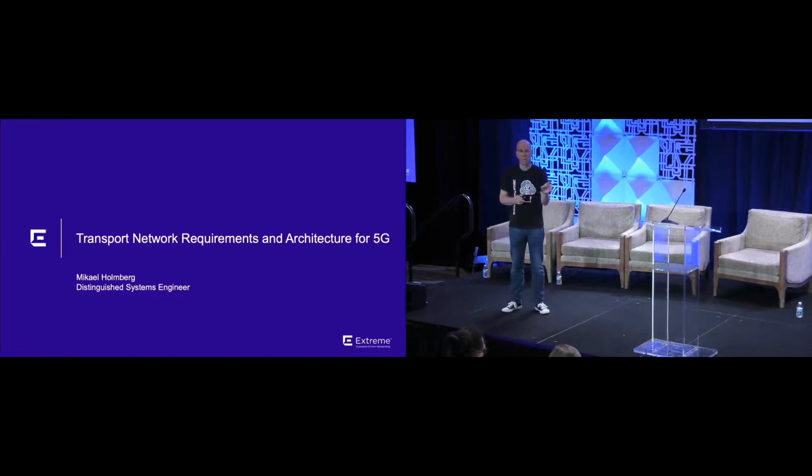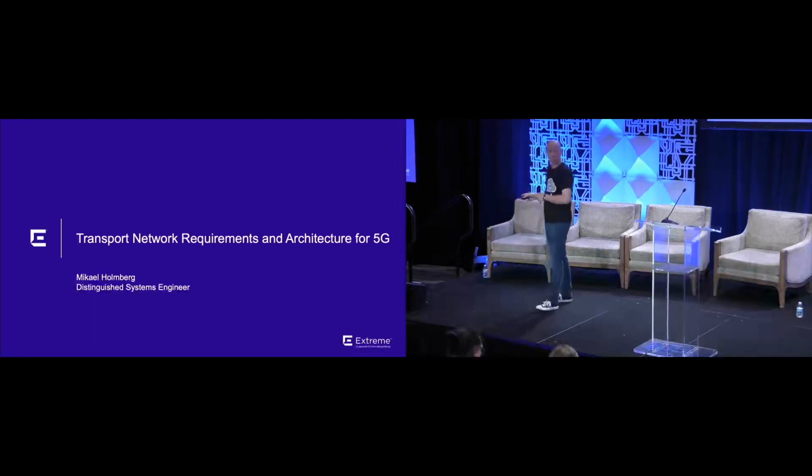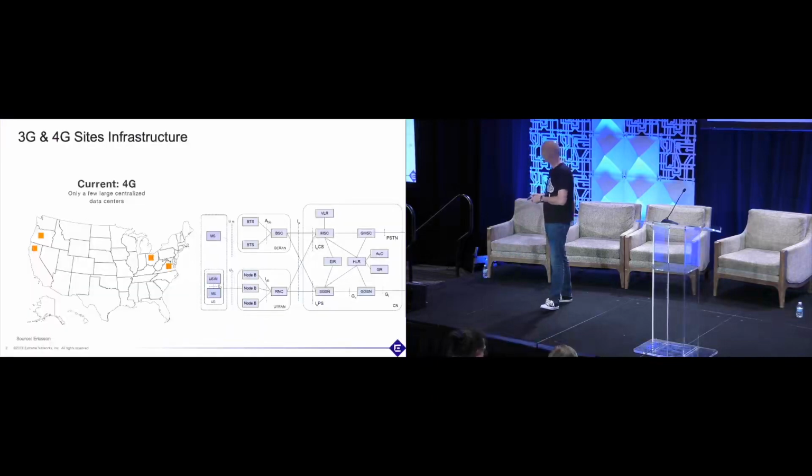So the intro I gave you is kind of, probably sooner here than you can imagine. Okay. So to start to build a picture here, I'm going to start from what we have today, talking about 3G, 4G.